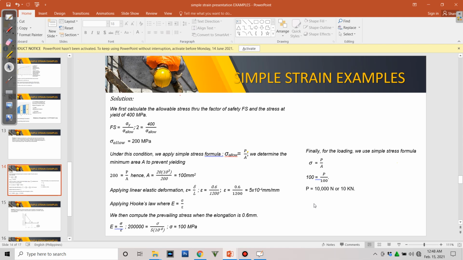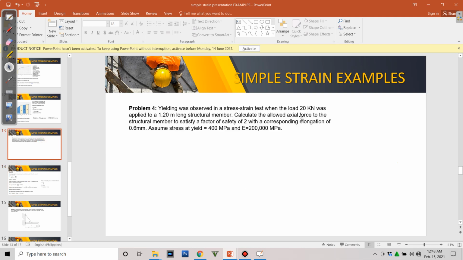So in our solution, is it an incident or coincidence that your loading is just doubled? Okay, so as we can see, 20 kilonewton just divided by 2.